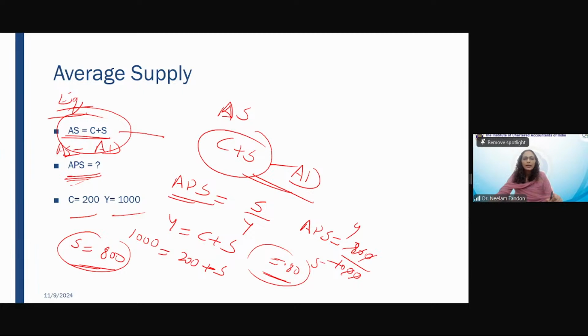So concept, again and again I am saying, right from the very beginning of the session when we started discussing this paper, that concept clarity is very important. If you understand the concepts, you can easily attempt any question.